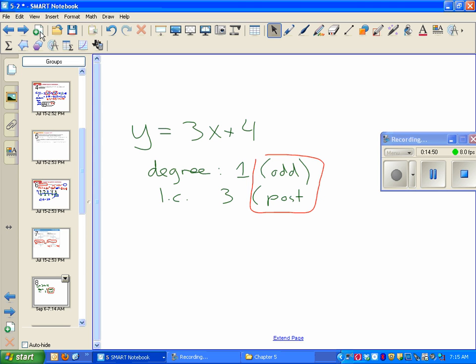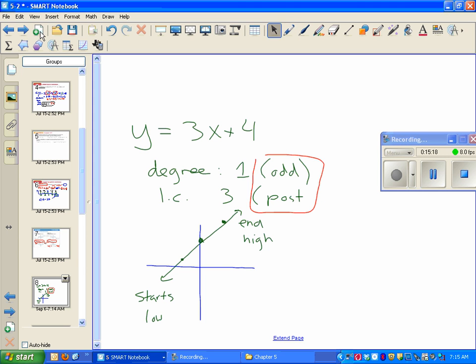So if we were to graph 3x plus 4, we would start with the y-intercept of 4, and we would go up 3 over 1. We could also go down 3, back 1, and we get this positive slope. Where the end behavior, right here, starts low and ends high. That is what the end behavior is talking about.